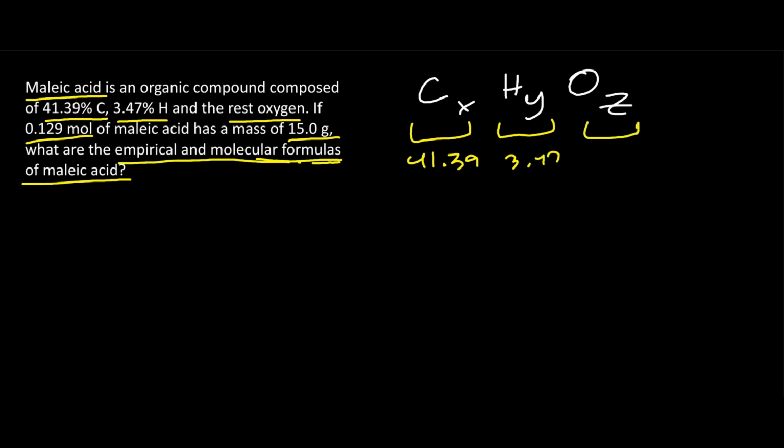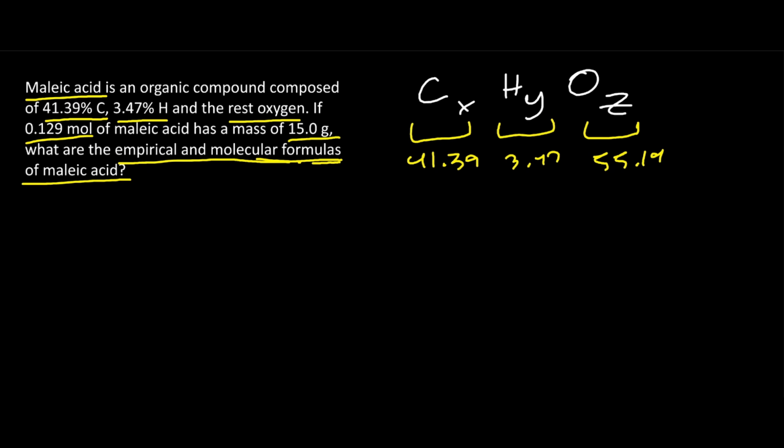There's obviously 100% of the compound, so if we add 41.39 and 3.47 together, we get 44.86. Then we can subtract that from 100 to get 55.14. So the compound is 55.14% oxygen.